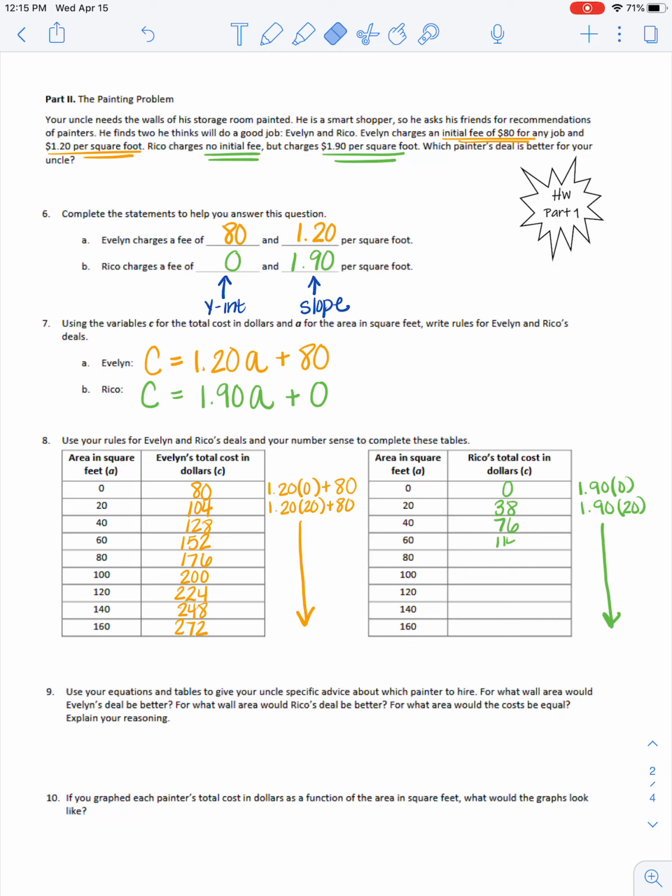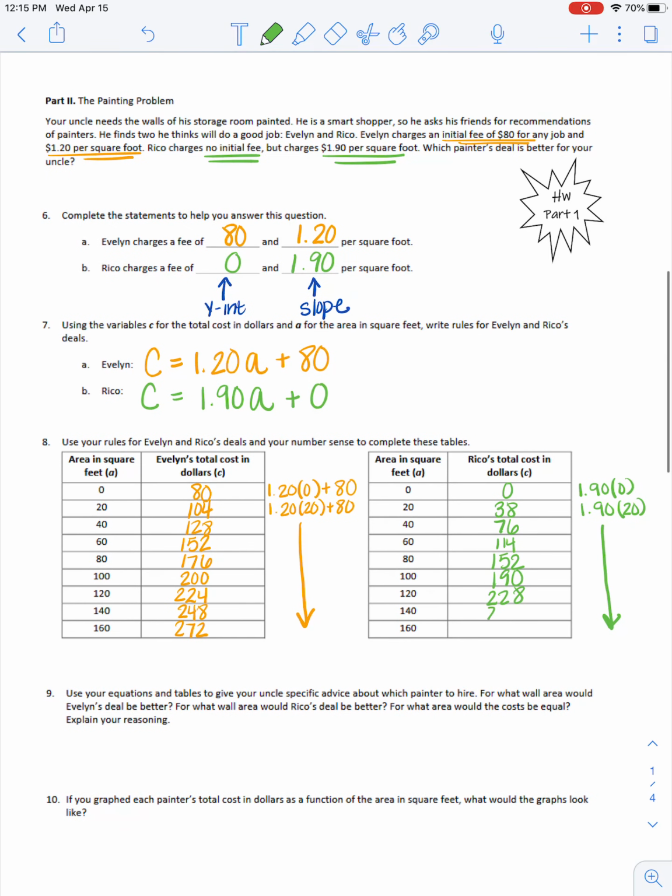Oh, I'm sorry, 152, not 156. Then 190, 228, 266, and 304. Okay, and we're going to use these tables to answer the follow-up questions.